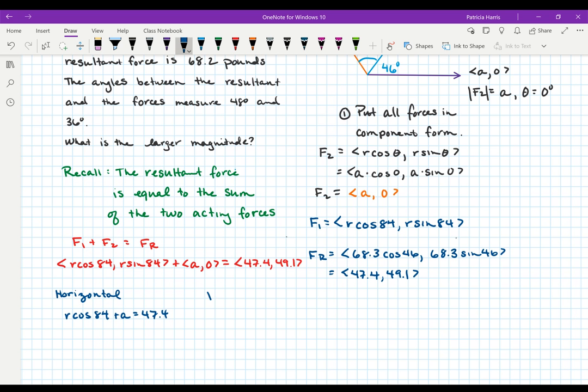And then our vertical will be R sine 84 plus 0 is equal to 49.1. Now the cool thing about this is if you look at them, you'll see that the horizontal component has two unknowns, the magnitude of force 1 and the magnitude of force 2. If you look at the vertical components, it only has the magnitude of force 1 as our unknown. So we can solve this for R.